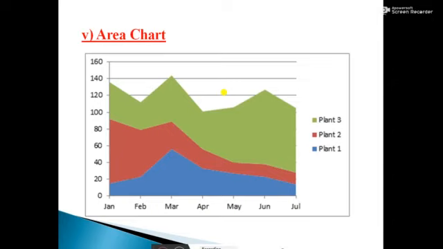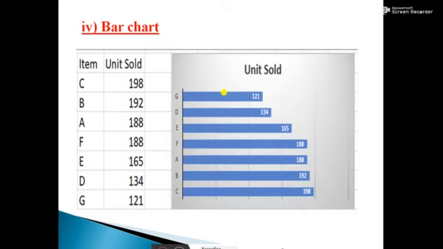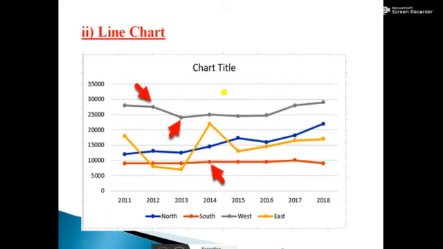In a line chart, the space between the axis and the plotted value is not colored and it will be blank. I'll show you. See here. This is the axis. So the space between the axis and a plotted value is not colored and it will be blank.